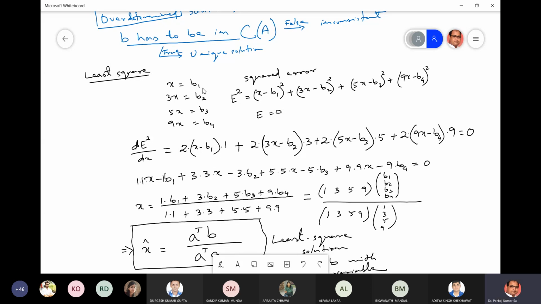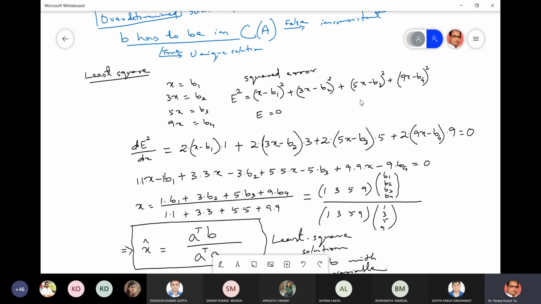That is, x minus b1 should be as close to 0, similarly 3x minus b2 and so on. So the sum of the squared errors should be as low as possible. And this is what we started with.